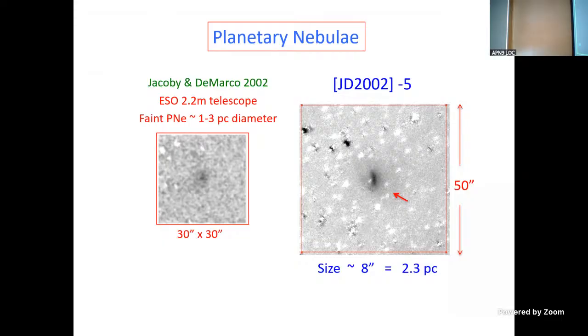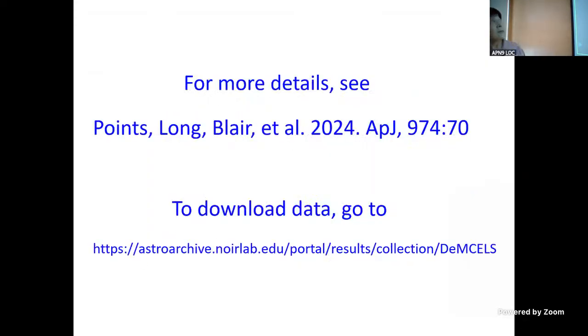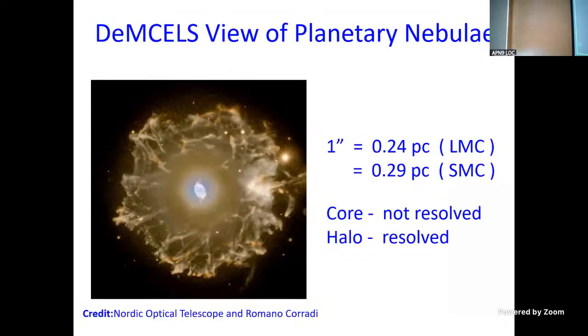I'm not saying we're better than them, it's just that the instrumentation helps. It's so much better, you know, I don't take any credit. It's the advancement of instrumentation. Okay, so for more details, you can look at the paper, and to download the data, go there and download the data.